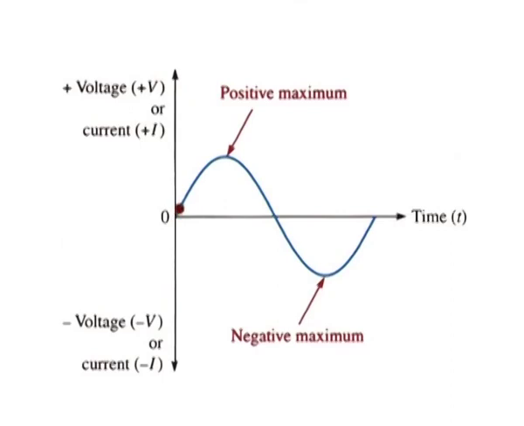Starting at 0, the voltage or current increases to a positive maximum, returns to 0, and then increases to a negative maximum before returning again to 0, thus completing one full cycle.